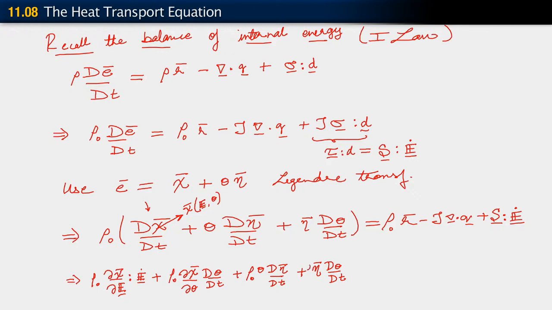All of this is equal to rho naught R bar minus J divergence of Q plus S contracted with E dot.